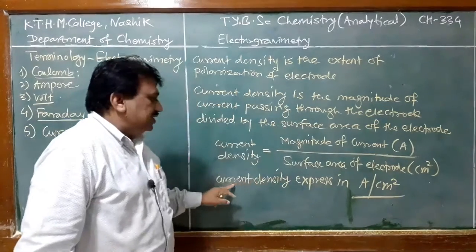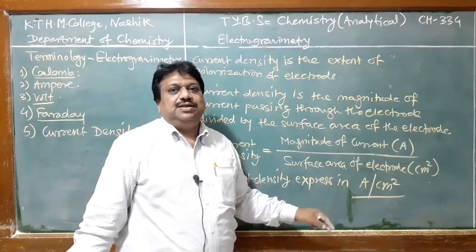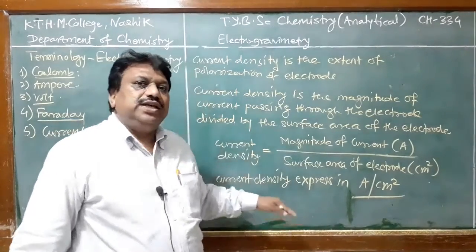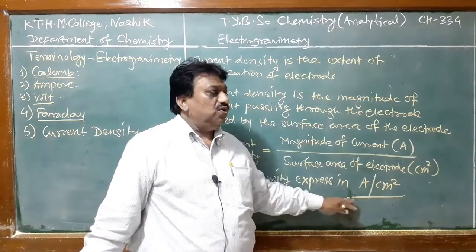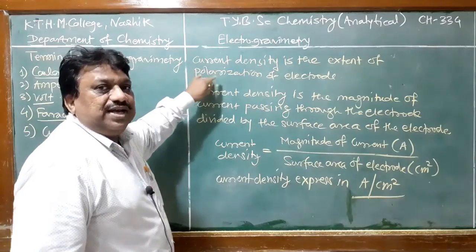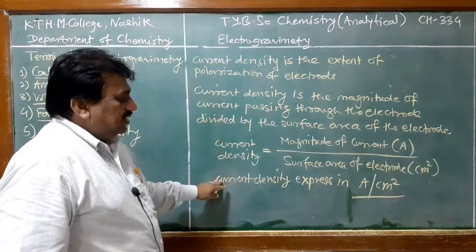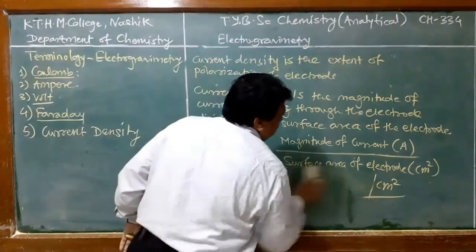If the current density is more, the polarization is more. That means the amount of current flowing through the electrode is more when its surface area is less. Therefore, current density directly reflects the polarization of the electrode. Higher the current density, more is the polarization of the electrode.